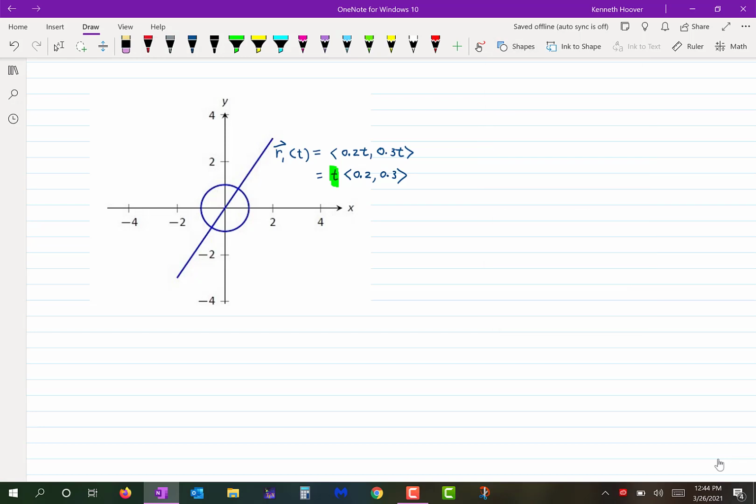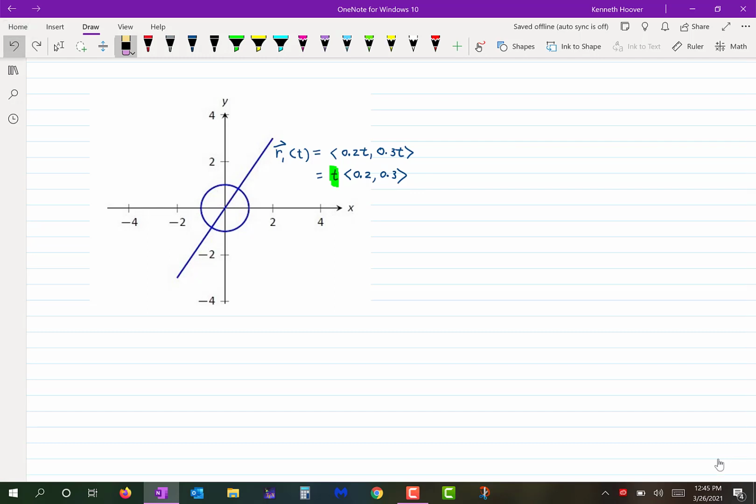So let's suppose here's the vector in red. There is the vector 0.2, comma 0.3. R1 gives us all multiples of that vector. So you already know from a previous lecture that that's going to give you a straight line. 0.2, 0.3 is the direction vector of the line.